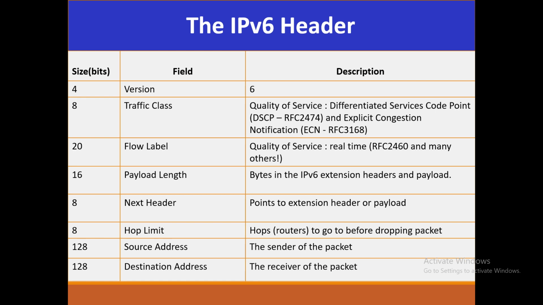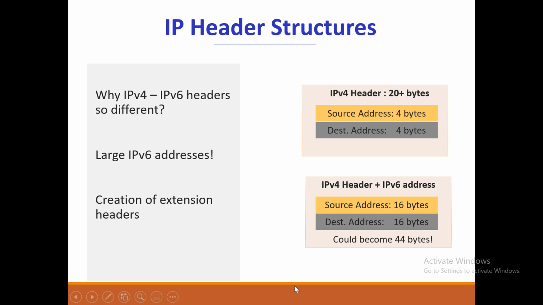So I'm going to just say that things like ECN and quality of service, as well as what is the difference between these, what should actually be in the flow label, I want to be a little careful because these are ongoing arguments at the IETF: what should be in these, whether it's already being used, who should use them, are they supported, and so on. But you can see why they would be there.